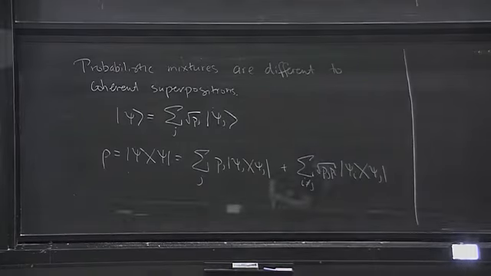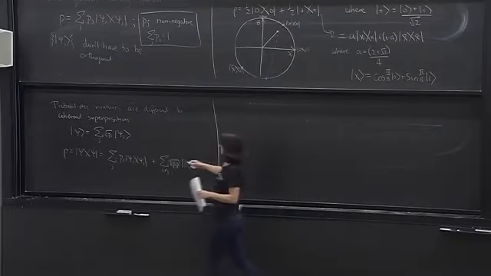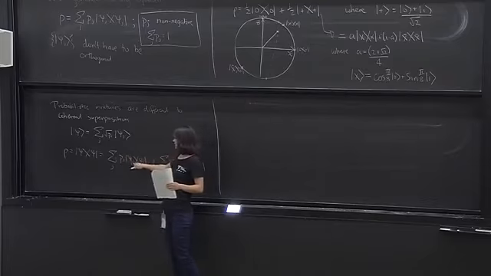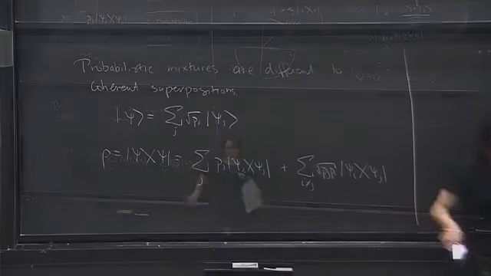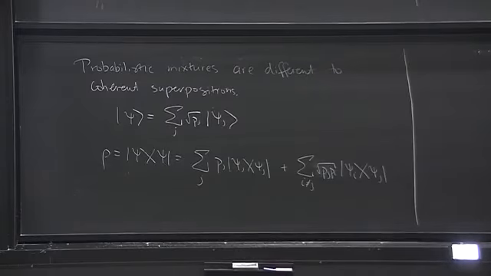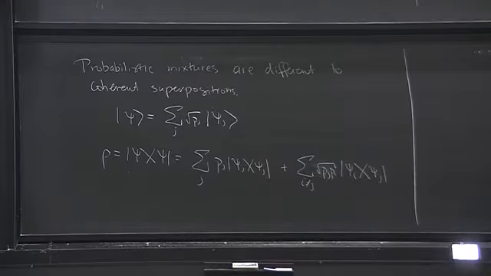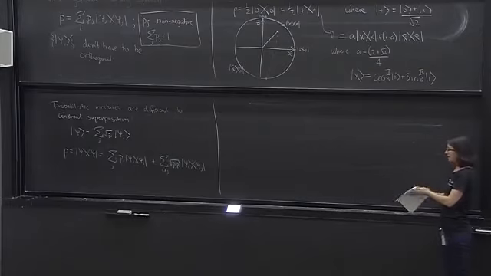So it kind of seems like you've got bits that correspond to having one of these states in some probability pj, but really there's these other diagonal terms as well. So let's just look at a concrete example of what the implications of that are.